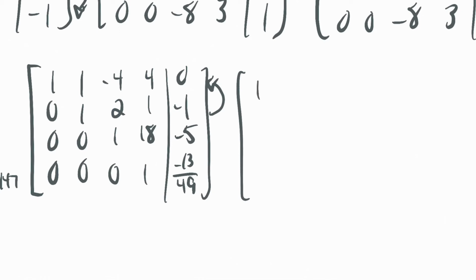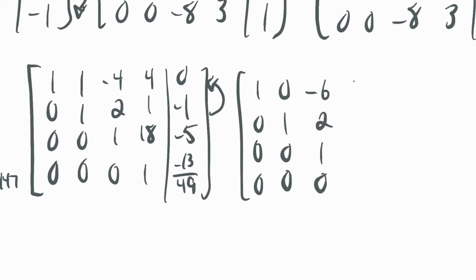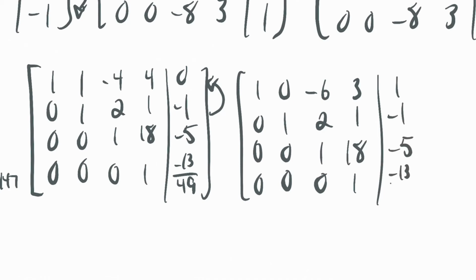I'll get 1, 0, 0, 0, 0, 1, 0, 0, -6, 2, 1, 0, 3, 1, 18, 1, and then 1, -1, -5, -13/49.